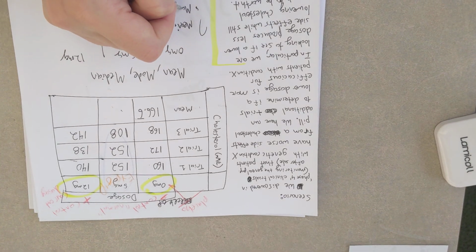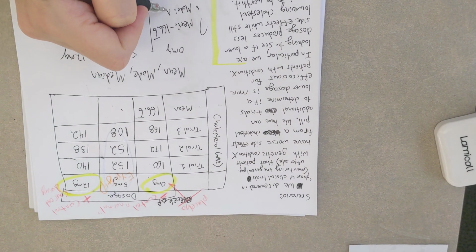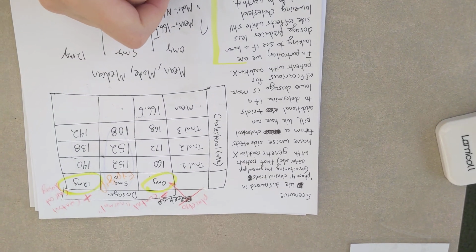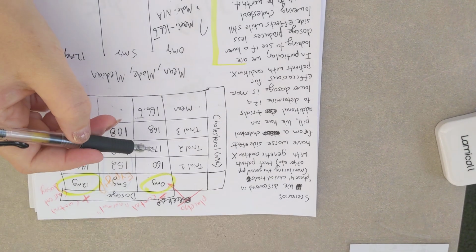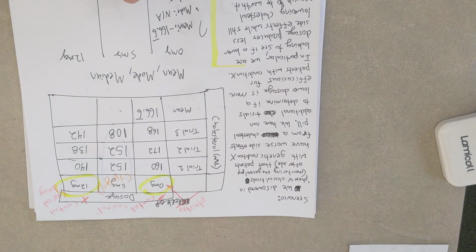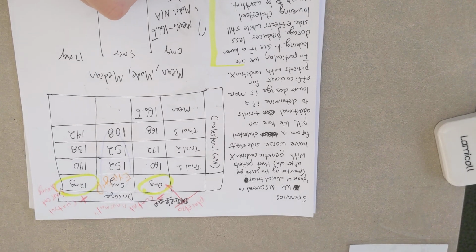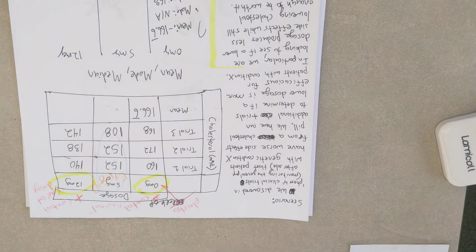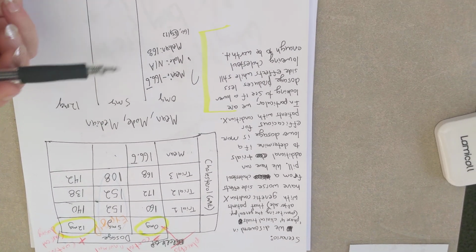The mode for this one, there is no mode because every number only appears once. The median is the middle number. When I sequence these, it goes 160, 168, 172, so the median is 168. Now, before I move on, I'm going to start looking at this data.